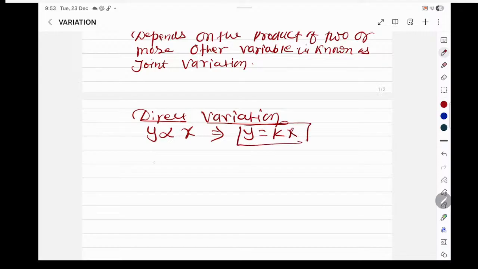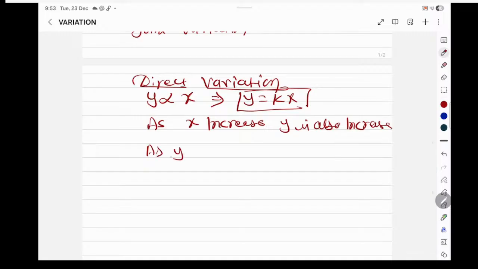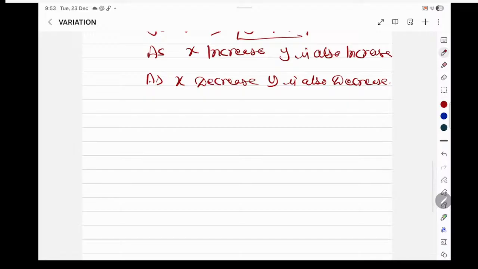So as x increases, y also increases, and as x decreases, y also decreases. The graph of the function looks like a straight line.